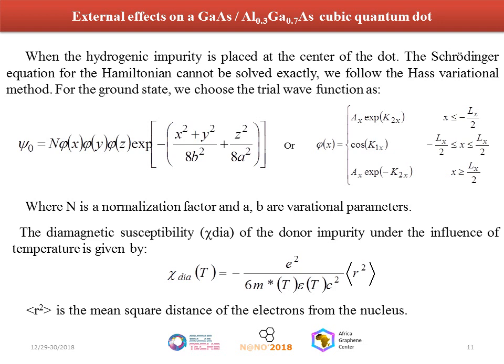And we respect the dimension of the quantum box. So the Rn is the normalization factor, and A and B are variational parameters. And for the determination of the diamagnetic susceptibility, we are under the influence of the temperature. So the expression is like you see, where r² is the mean square distance of the electrons from the nucleus.